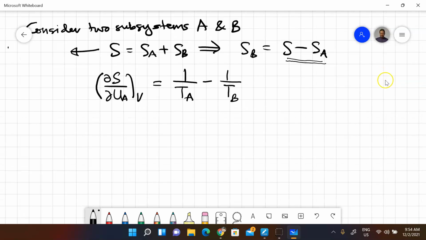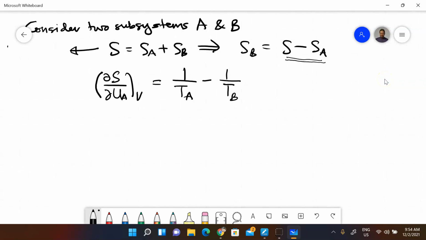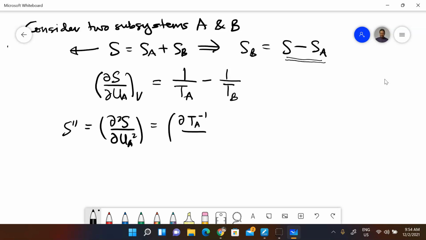Then you have your second order derivative that one can consider. So S double dash, then essentially you need to differentiate this another time with respect to UA. Let me write this down first: dTA inverse over dUA plus, let me just check.